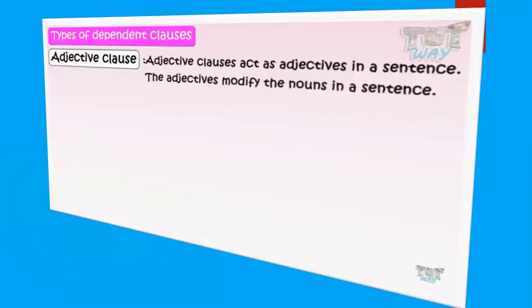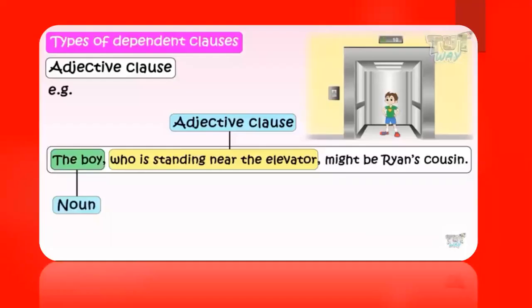Now the other is adjective clause. Adjective clauses act as adjectives in a sentence. The adjectives modify the nouns in a sentence. You can see an example: the boy who is standing near the elevator might be Rayan's cousin. The boy is the noun and it is being modified.